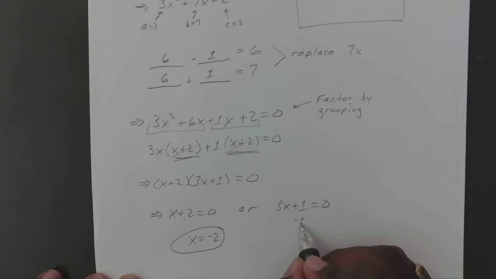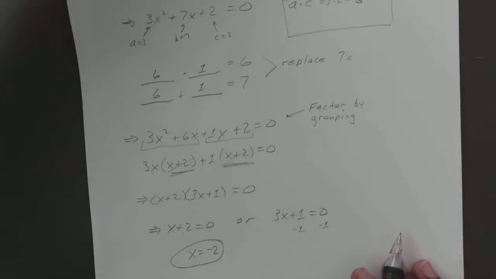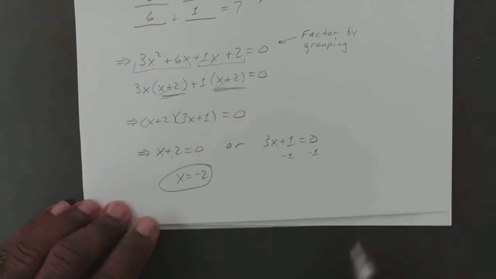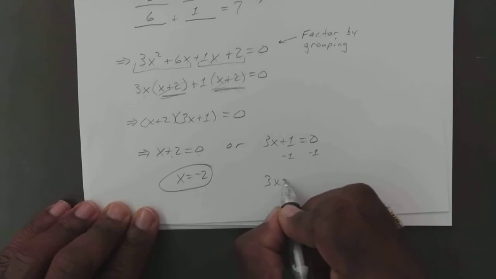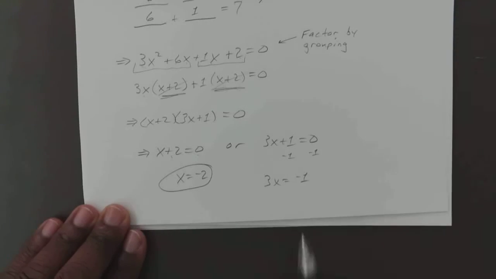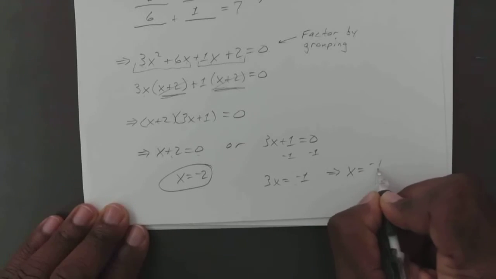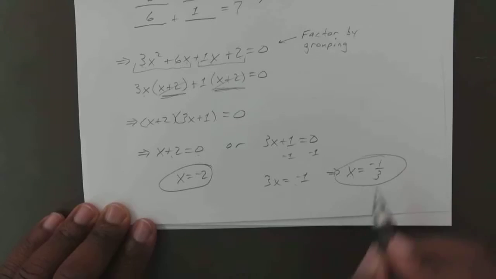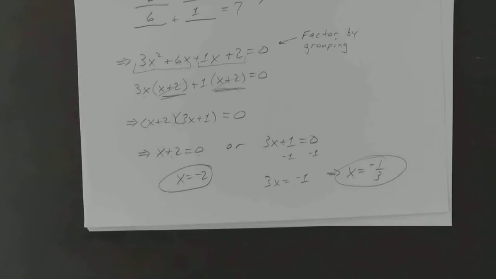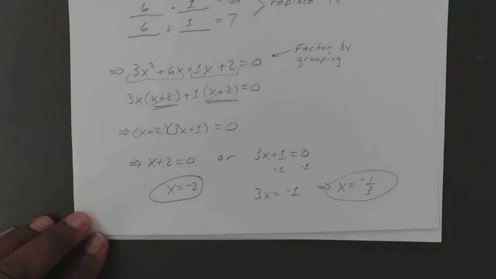And here, if we subtract 1 from both sides, that gives us 3x equals negative 1. Divide both sides by 3. x equals negative 1/3. Okay, so those are your two solutions. All right. Any questions on that one?